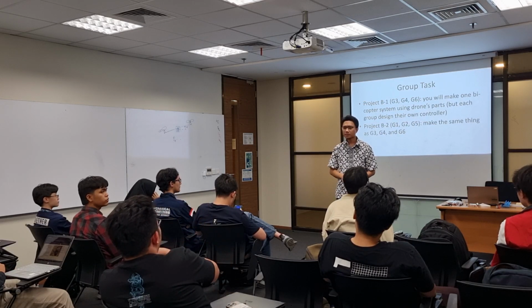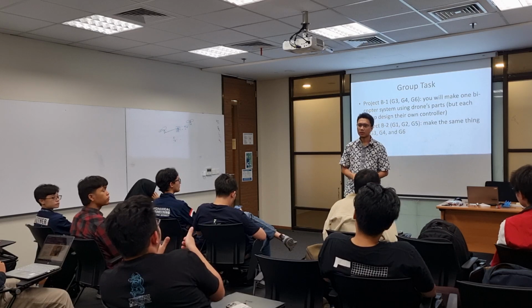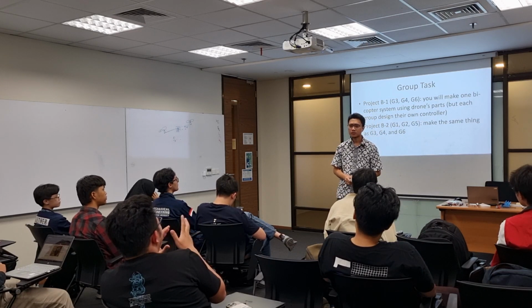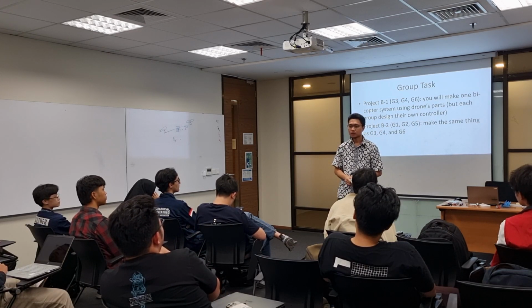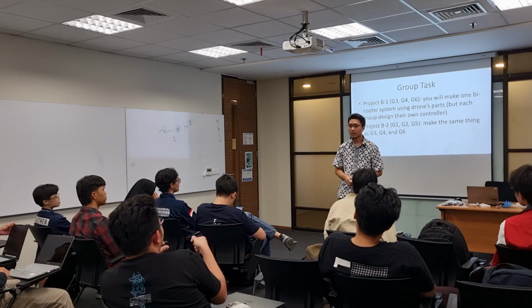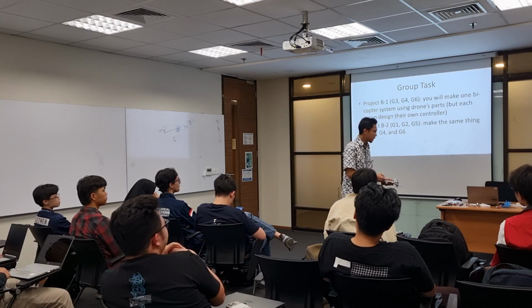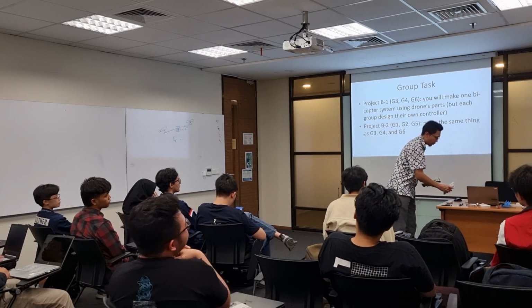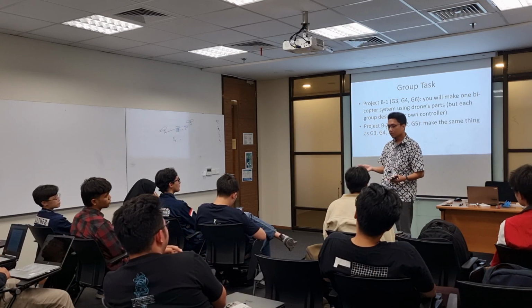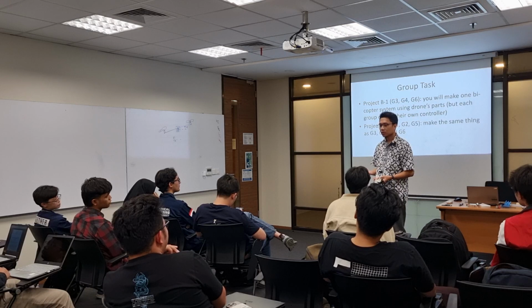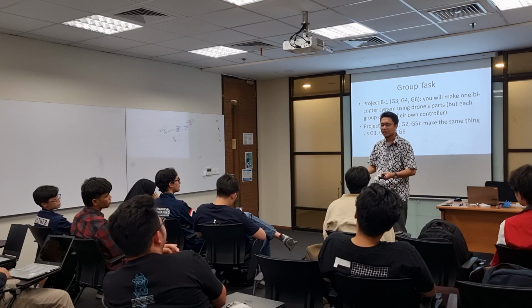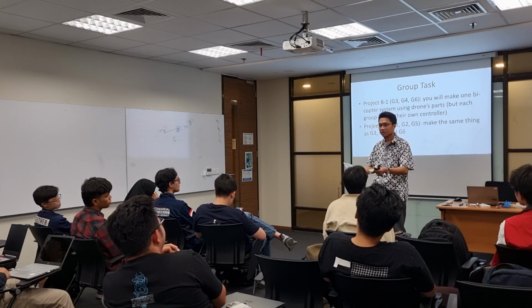Two different chassis. Will these groups be sharing the components? For B1 and B2 the components are available, so you are not sharing between them. Sharing means you are using one component for all of them.